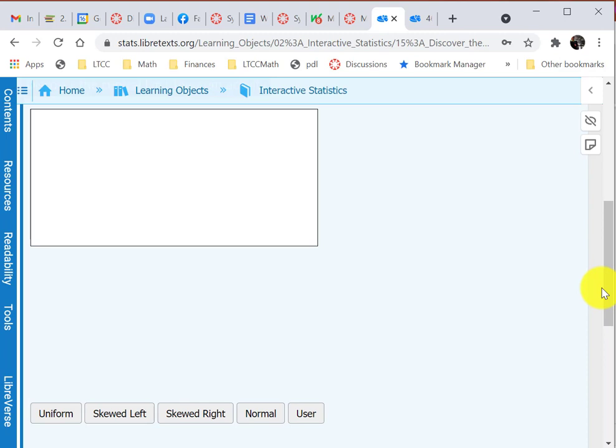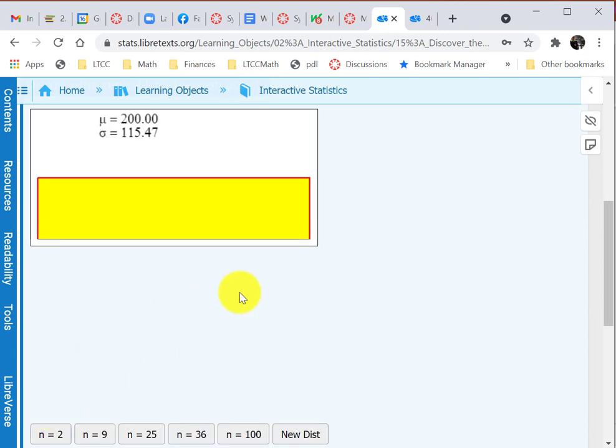So I'm going to start with, how about a uniform distribution. So hopefully you know a uniform distribution is flat, looks like a rectangle, and the mean is 200, the standard deviation happens to be 115.47 for this particular example.